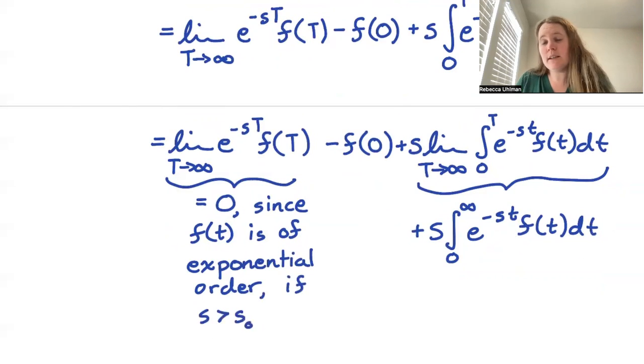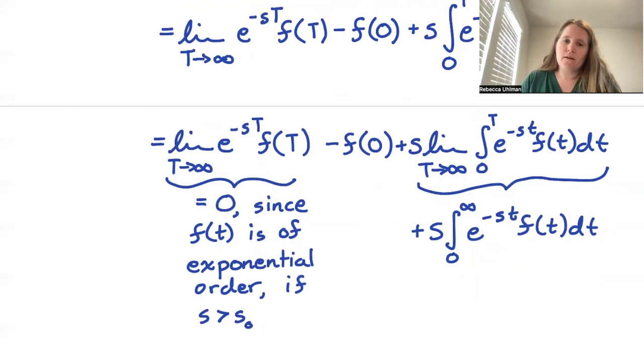For t large enough, f is bounded by m times e to the s naught t, and if s is greater than s naught, we'll be looking at a negative exponent and it'll go to 0.